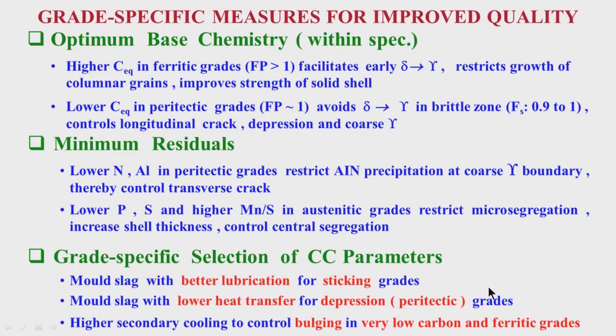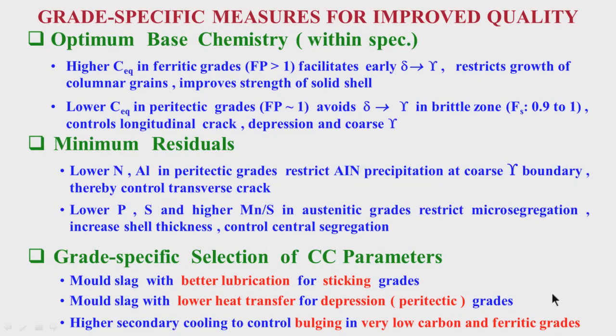So what do you do for such grades? For such grades, you control the heat transferred in the mold, because everything is taking place in the mold. Surface solidification is taking place, subsurface solidification is taking place in the mold. Maybe about 10, 12 or 15 millimeter is already cast in the mold. So whatever control you have to do, you do in the mold by using a mold slag which has characteristics of low heat transfer.